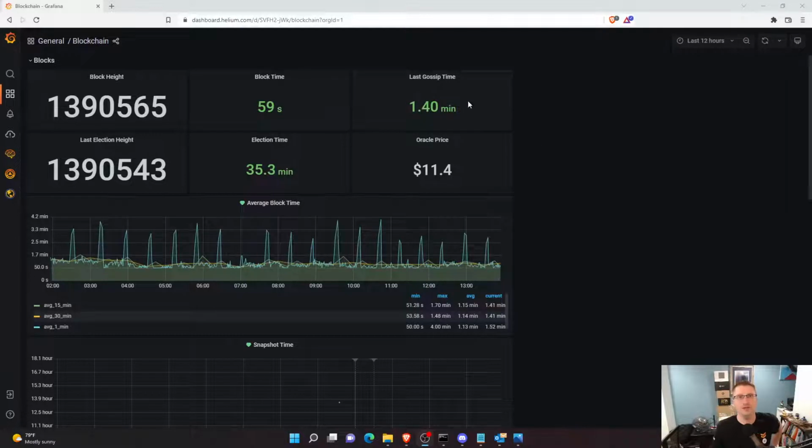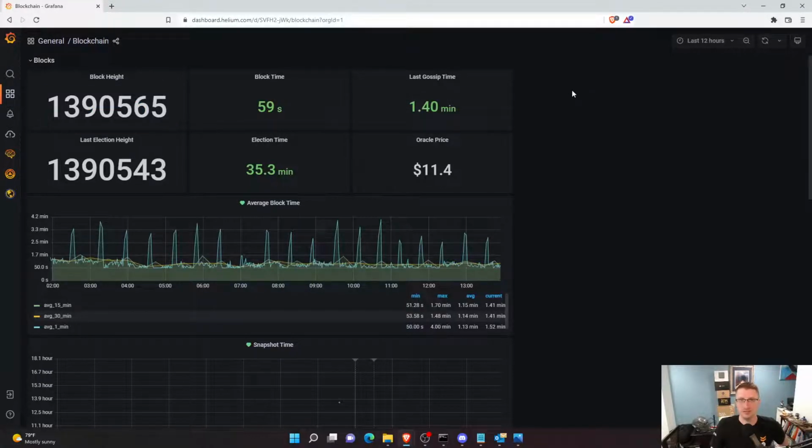All right, so if you weren't aware, dashboard.helium.com takes you to this Grafana dashboard. I believe Grafana is open source. I'm pretty sure it is. And basically these are all the things, right? Here's the block height. So if you are syncing with your miner and you're trying to get the block height, if it's not this number, you aren't synced, right?